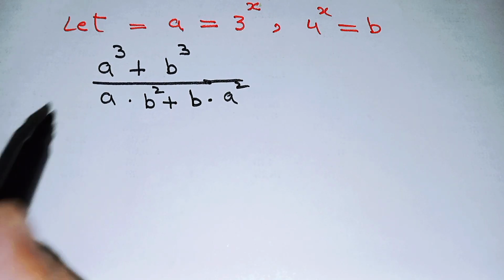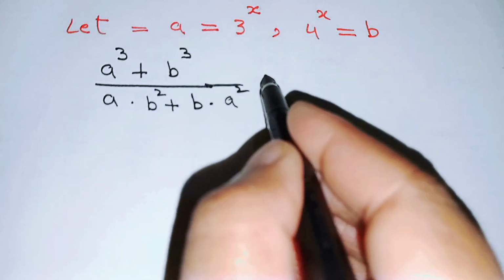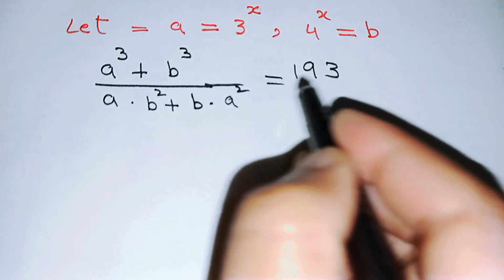Now this is a^3 plus b^3, equal to 193 over 144.